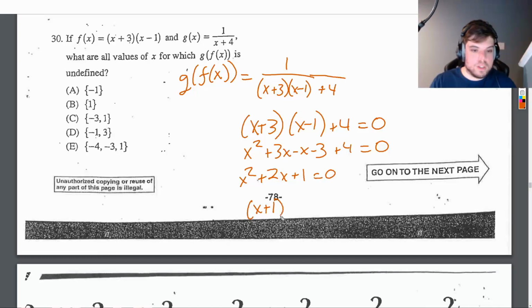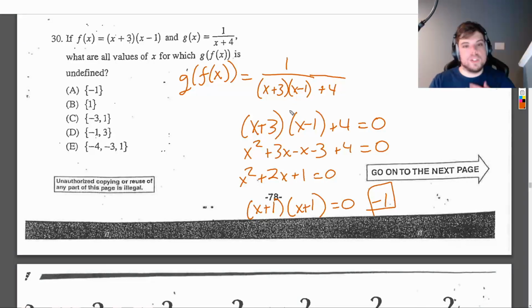That's (x plus 1)(x plus 1) equals 0, which means that -1 is a root. Let's verify that: -1 plus 3 is 2, -1 minus 1 is -2, -4 plus 4 is 0. Yes. So x equals -1 is the only root. A is your answer.